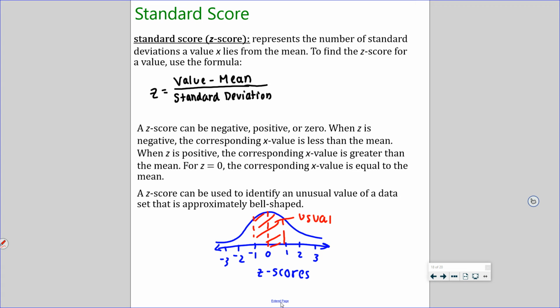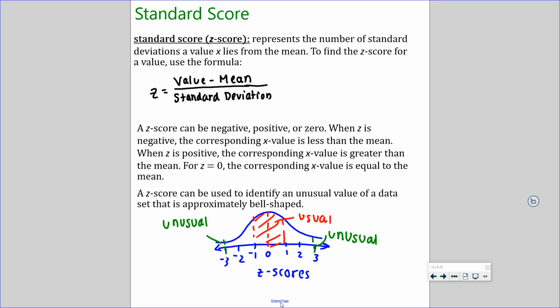That's kind of where they all lie. But as our z-scores get higher, like you get a z-score out here, 3 or -3, we know that's an unusual value. So that's what this is saying. A z-score can be used to identify how many standard deviations a value lies away from the mean. If it's really high or really negative, that's going to be pretty unusual.